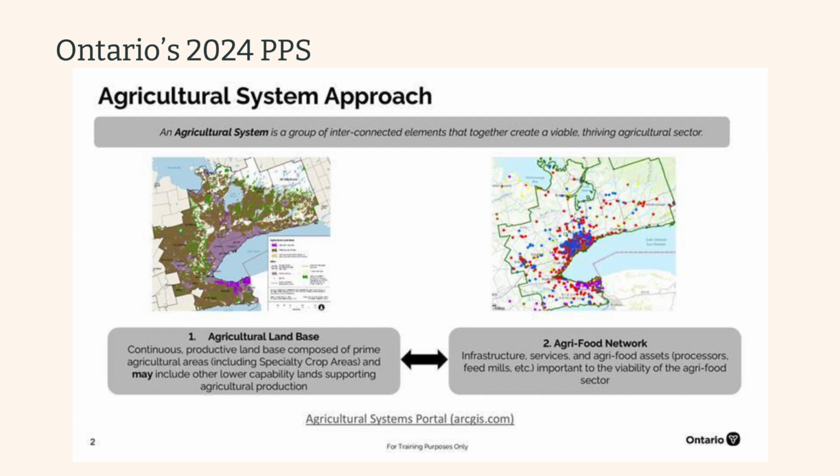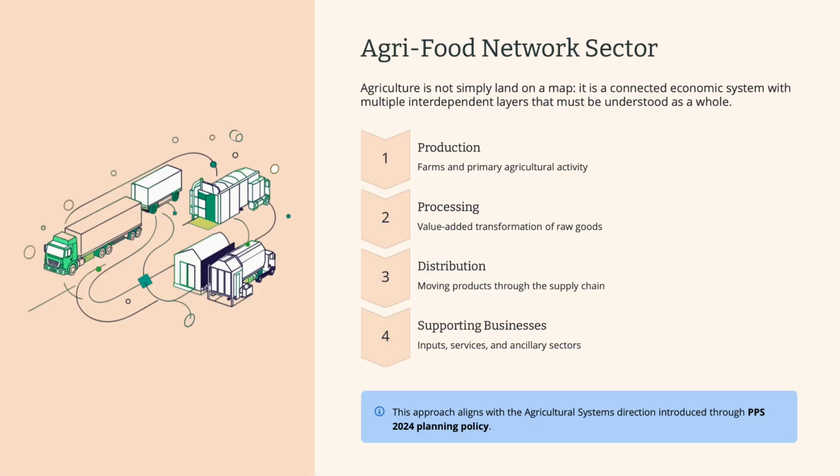Municipalities often have access to land-based datasets, such as farmland or soil mapping, but lack a clear mappable picture of the broader economic system surrounding agriculture. To support this work, ConnectON has added a new Agri-Food Network sector. Developed through the Grassroots Growth Initiative in collaboration with OMAFA, the sector was specifically designed to capture the broader agri-food network.